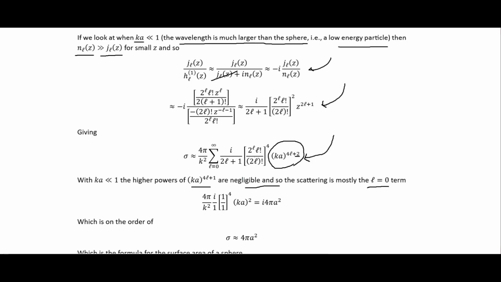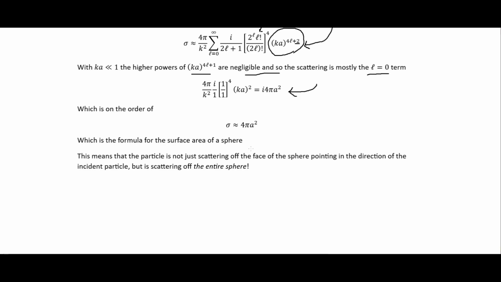And so we put 0 in for all these L's on here, and what we end up with is this, which is on the order of 4 pi a squared, where a, remember, was the radius of our potential. So it's 4 pi r squared, which is the formula for the surface area of a sphere.